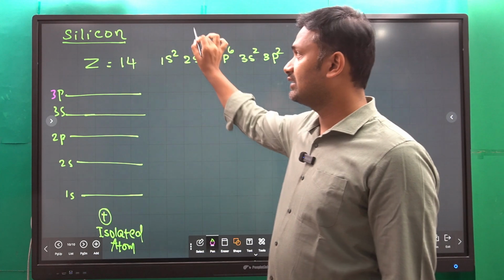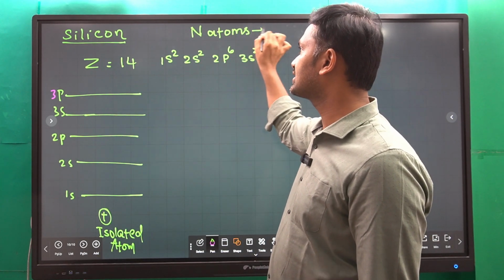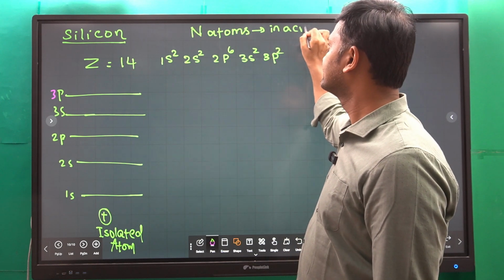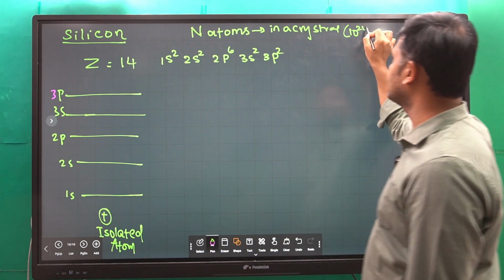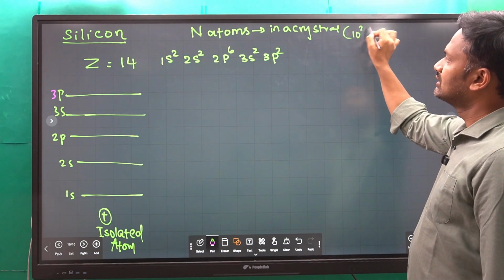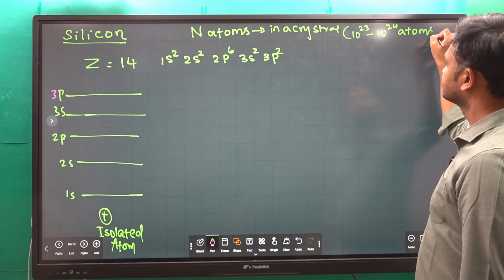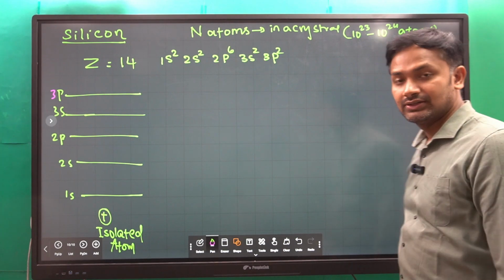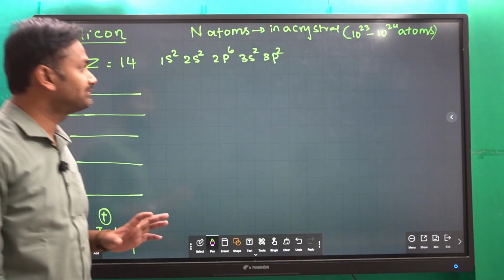Okay, now coming to the crystal. Let us consider the n atoms in the crystal. In a crystal, how many are there? 10 power 23 to 10 power 24 atoms. Okay, right.